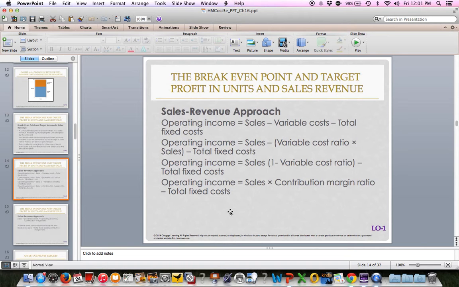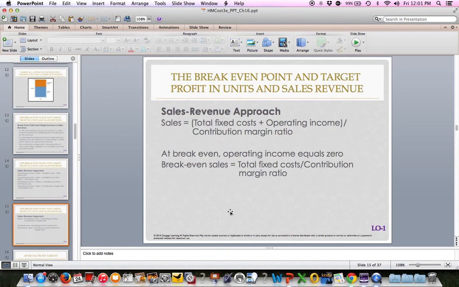Target operating income in units sold or in dollars of sales, either way. So, sales equals total fixed costs plus operating income divided by contribution margin ratio. Break-even sales equals total fixed cost divided by contribution margin ratio.